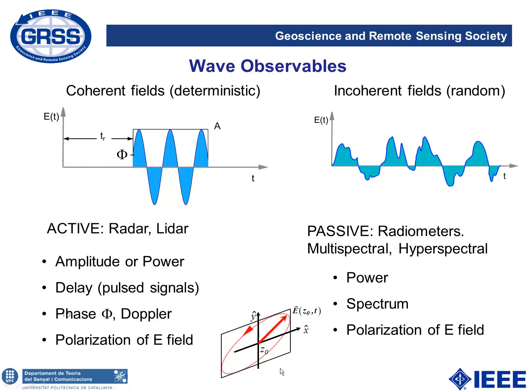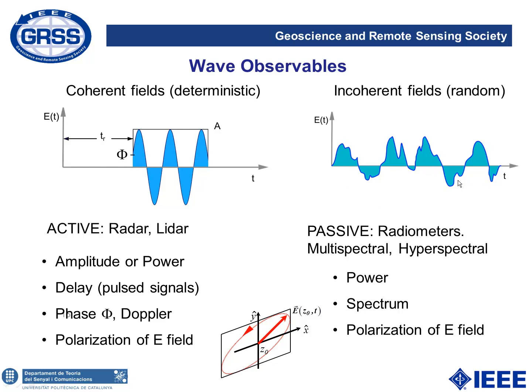In the case of incoherent situations, this corresponds to passive systems where there is no transmission from the sensor. Now we are relying on natural sources like the sunlight, or for example the thermal spontaneous radiation of materials, and in this case the waveform which is transmitted is random, and this corresponds to an incoherent field.